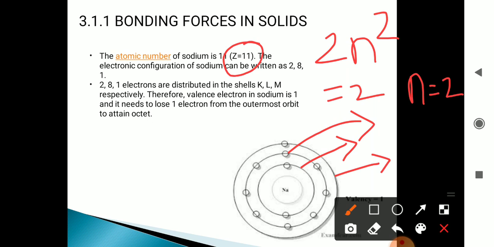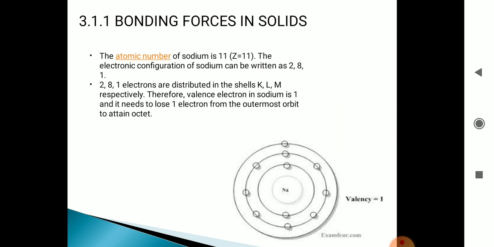So 1 electron is present in the third shell, that is 2 in the first, 8 in the second, and the last 1 electron in the outermost orbit. 2, 8, 1 electrons are distributed in the shells K, L, M. Here we name the first shell K, the second shell L, and the third shell M. So the electrons are distributed by the formula 2n square: 2 electrons in the first orbit, 8 electrons in the second orbit, and the remaining 1 electron in the third orbit.